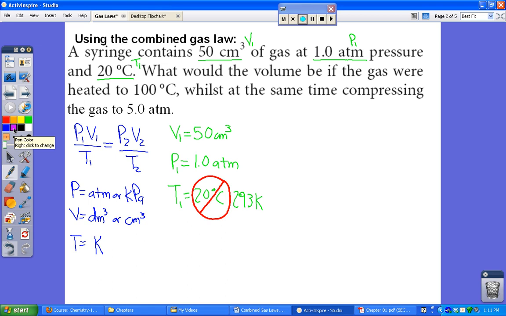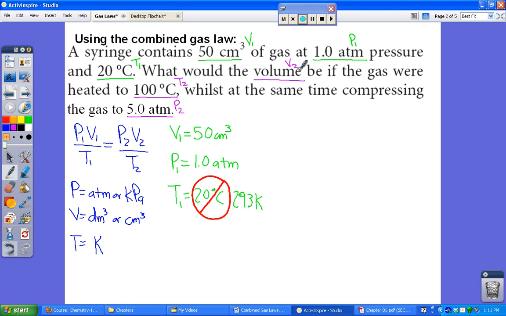What would the volume be if the gas were heated to 100 degrees Celsius, T2, whilst at the same time compressing the gas to 5 atmospheres, P2, which must mean that what we're looking for is the volume, V2.